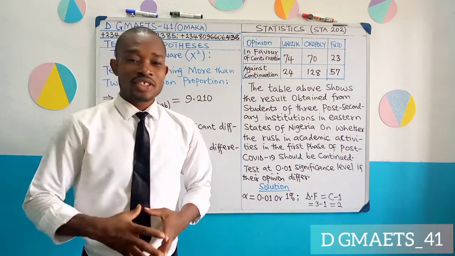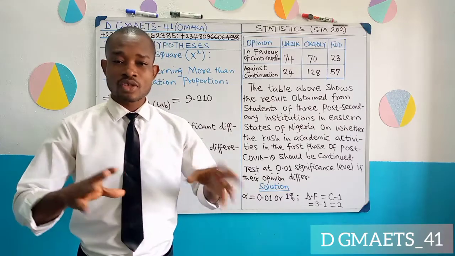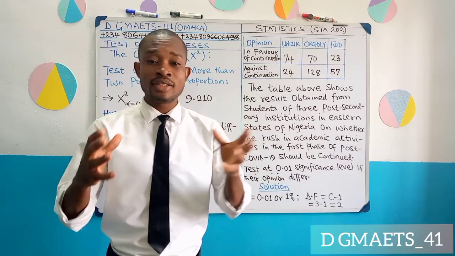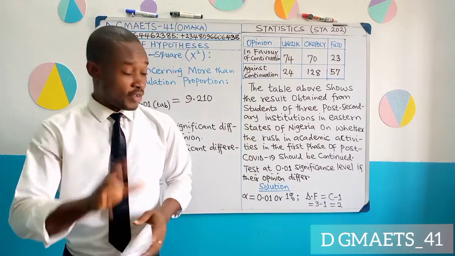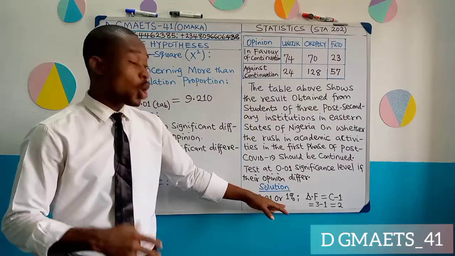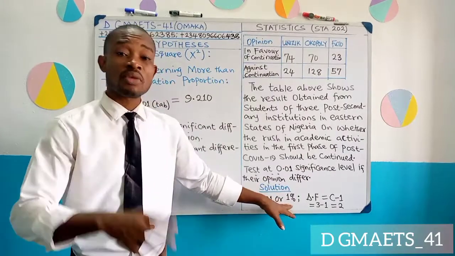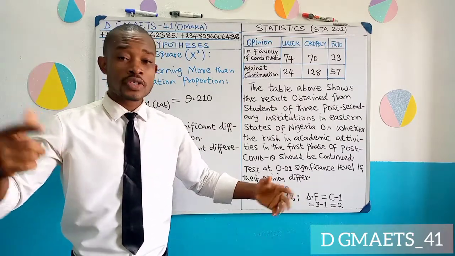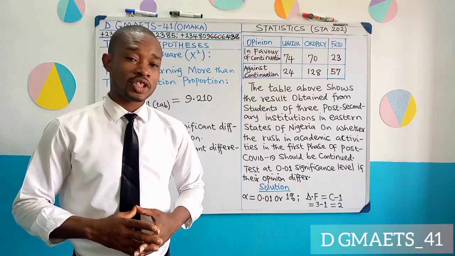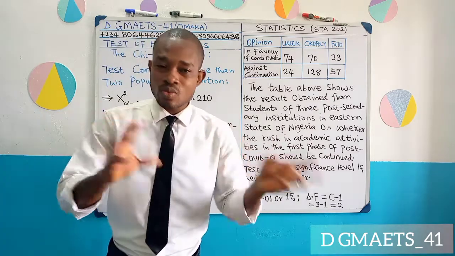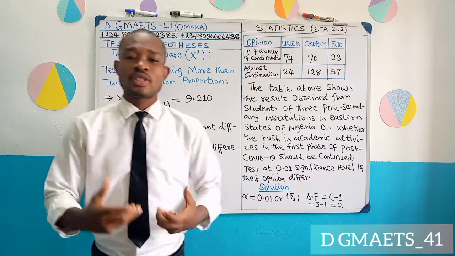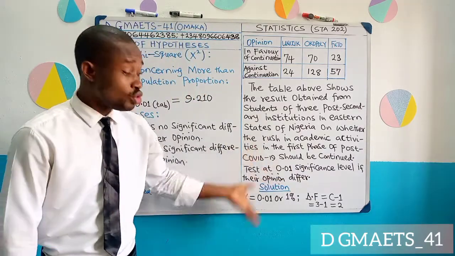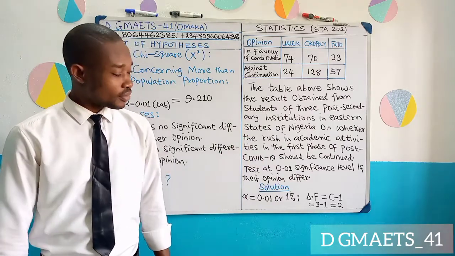You can search through our YouTube channel to watch that video where I said something about significance level and confidence coefficient. For example, this 0.01 or 1% significance level corresponds to a 99% confidence coefficient or 0.99 confidence coefficient. So that depending on whichever chi-square table you're using, you would know what you are looking for there.